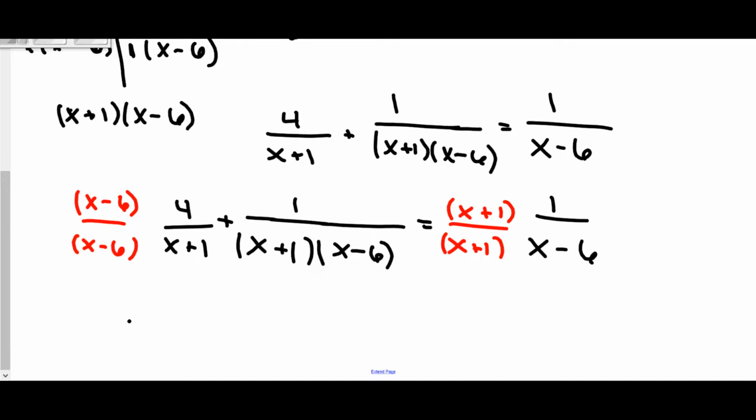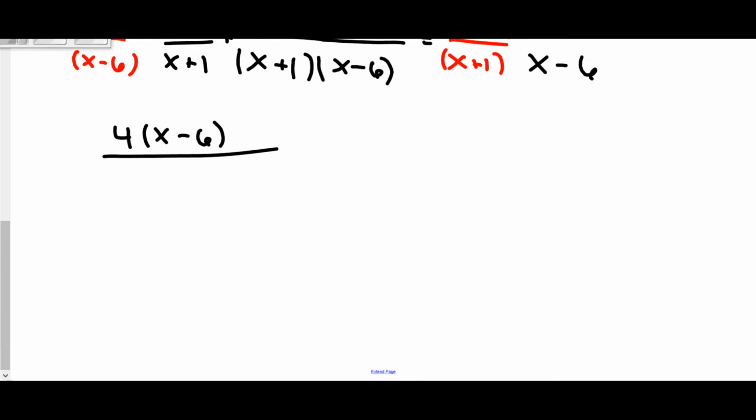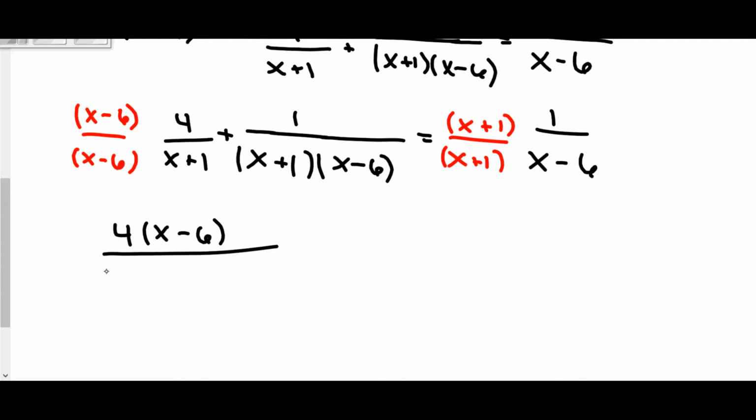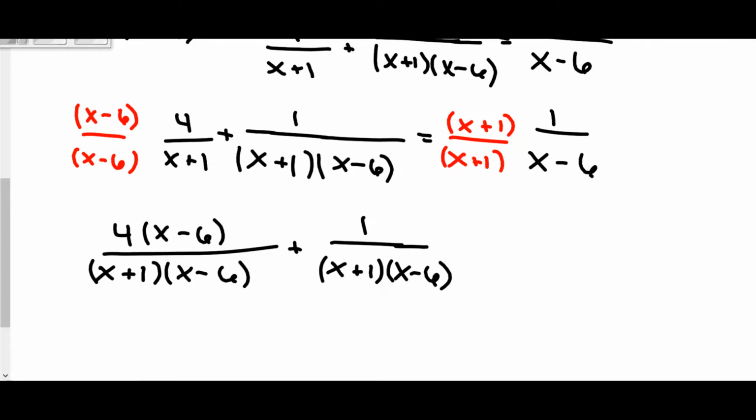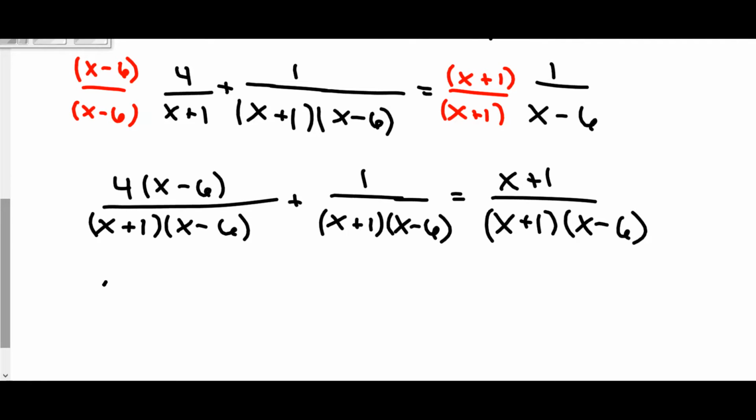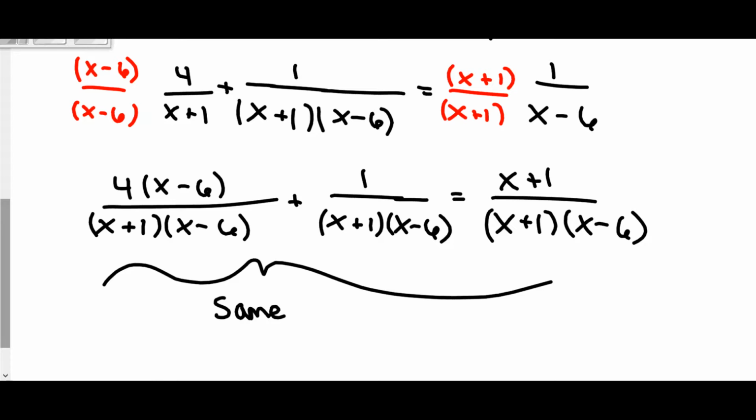So we have 4 times x minus 6 over x plus 1 times x minus 6, plus 1 over x plus 1 x minus 6, equals x plus 1 over x plus 1 x minus 6. They all have the same denominators, so we can throw them out and then solve our equation.